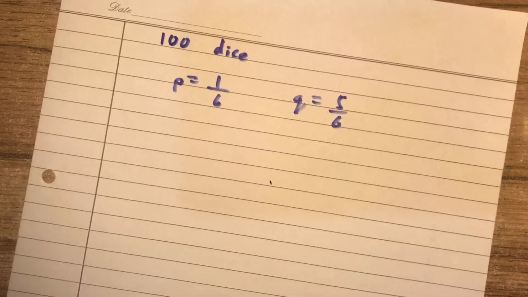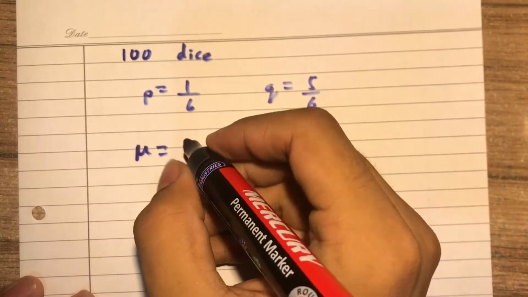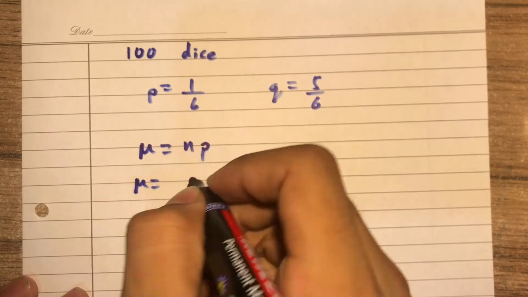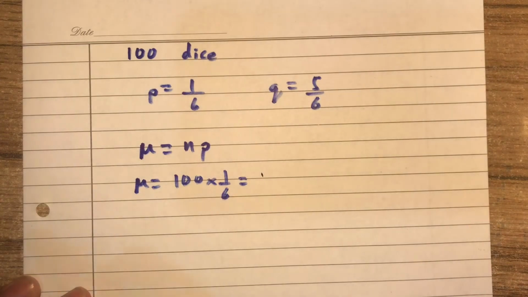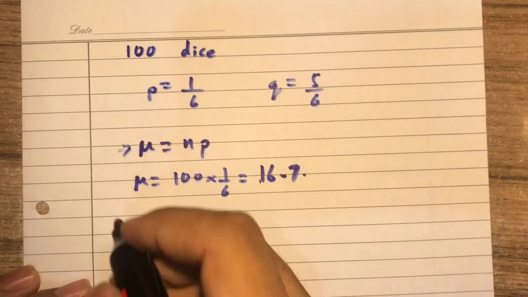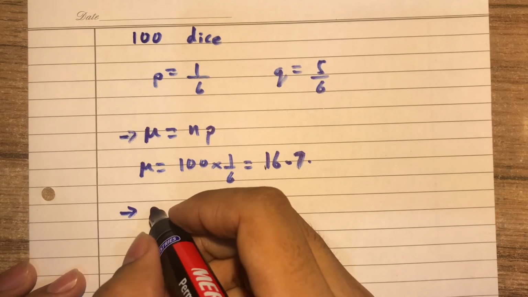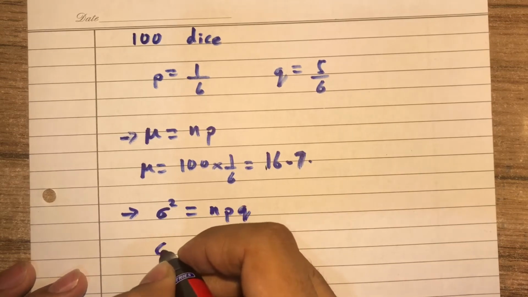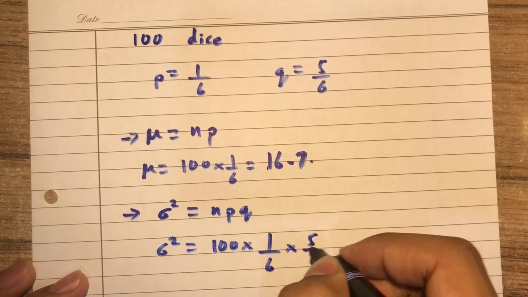How do we apply approximation? So first we'll find the mean. The formula for mean in binomial distribution is NP. So 100 times 1 over 6 is equal to 16.7, right? This is the mean. Then we'll find the variance. The formula for variance is NPQ. So variance is 100 times 1 over 6 times 5 over 6.